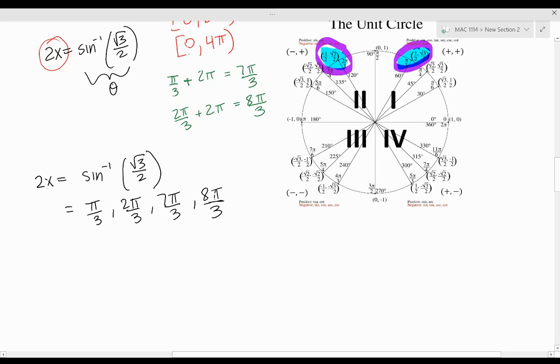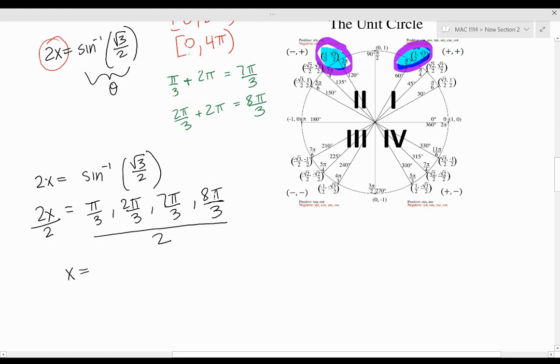Those are equal to 2x. Now we have to solve for x. x is being multiplied by 2 on the left-hand side, so to get x by itself, we're going to divide both sides by 2. That means x is going to equal each of these angles divided by 2.